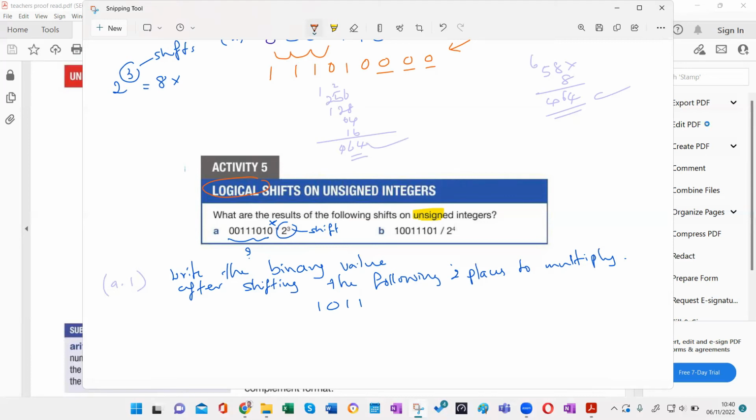So first of all, what is this number? Can anyone tell me what this number is? This is 1, 2, 4, 8. 8 plus 2 is 10, plus 1 is, what is the number?